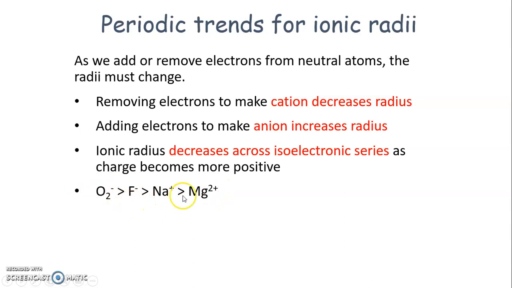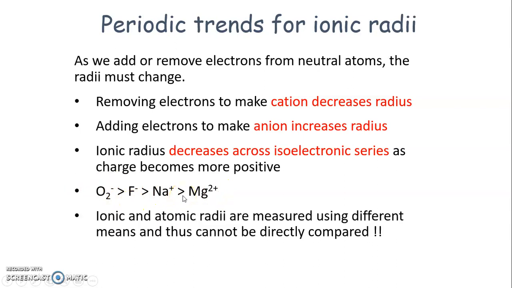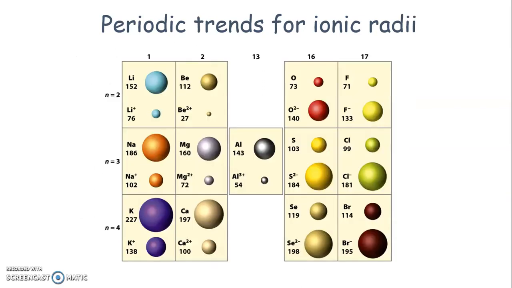So of course the ionic radius is going to go down. One important thing to realize here is you notice that we don't stick neon in the middle here, even though it sort of fits, right? It should go between the 1 minus and the 1 plus. That's because atomic and ionic radii can't be directly compared, since they're measured by different means.